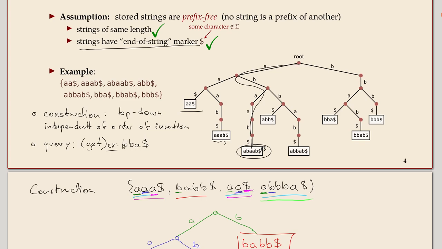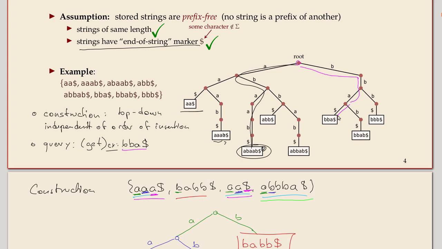The first character is a B, so you walk along the B edge. You walk down here. The second character is a B, so you walk down the B edge. Lucky us, there was no other choice anyways. Then you follow the A edge, and then you follow the $ edge. And then you arrive at the leaf that has exactly this key stored, and which also stores its associated value.